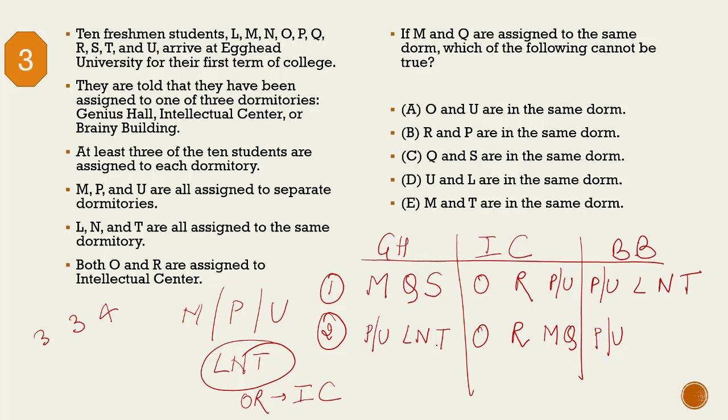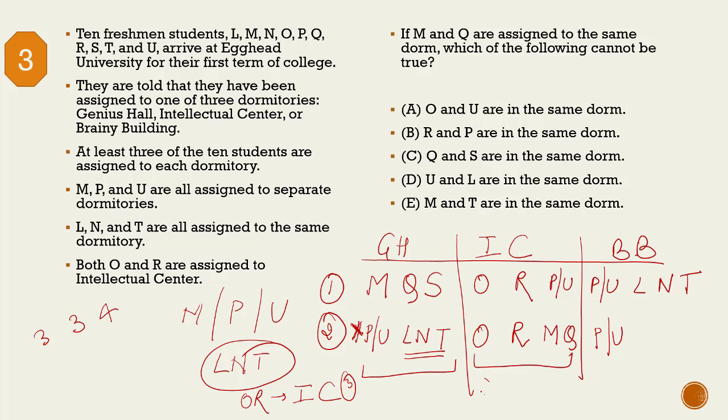Because L and T would come together, so we would be getting 2 groups of 4 students each, which would contradict the at least 3 condition. So this particular distribution of students wouldn't work. So this case cannot work, that M and Q would be given to Intellectual Center.